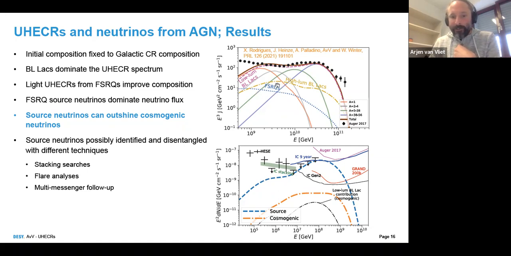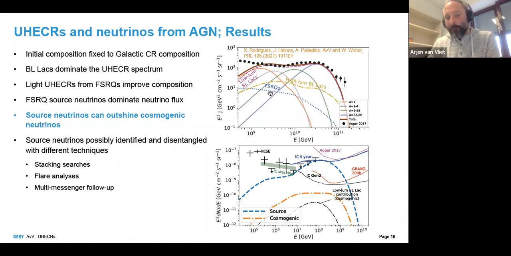Which also means that one of the parameters you don't really know in modeling these sources is the baryonic loading, and this baryonic loading gives you how many cosmic rays you will get, and so also how many neutrinos you will get. So this is a kind of free parameter in here.